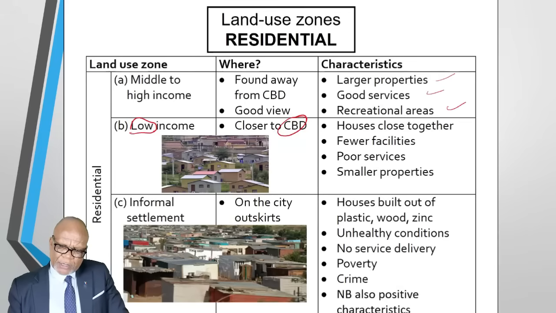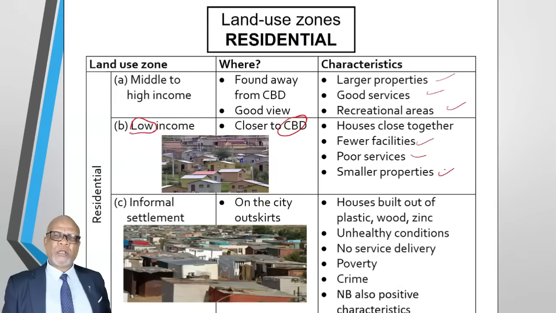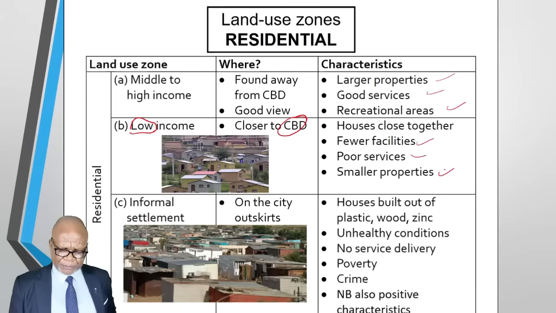Houses are closer to each other. There's fewer facilities, there's poor services, and there's smaller properties. And the properties look more the same. So you could be asked to give characteristics of low income or high income residential areas.